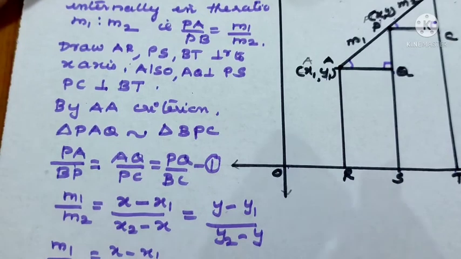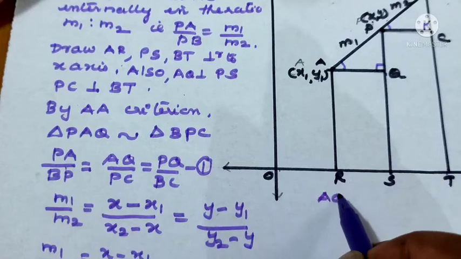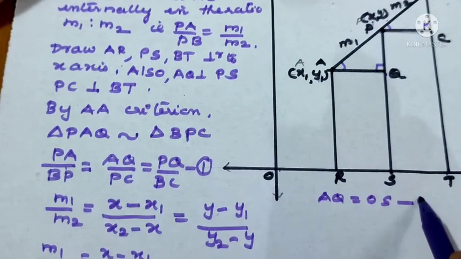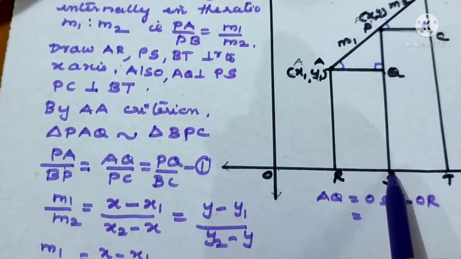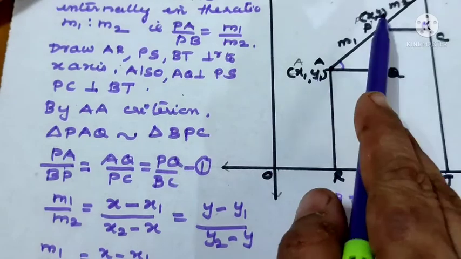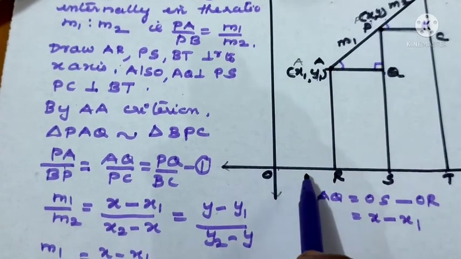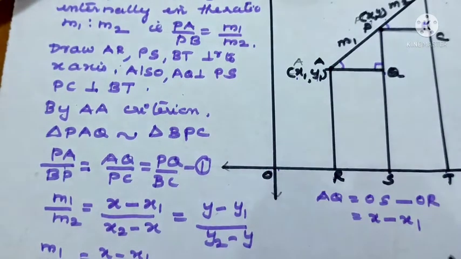Now AQ we have to calculate. I'll write here what AQ is. AQ equal to OS minus OR. Right? What is OS? From the origin to S, what is the horizontal distance? That is x, minus x1, because OR is the distance from O to R, that is the horizontal distance x1.